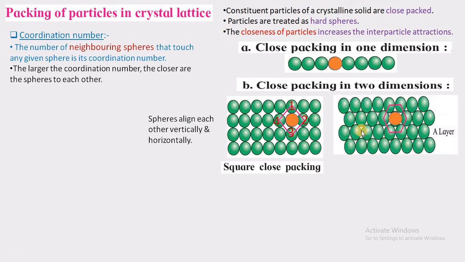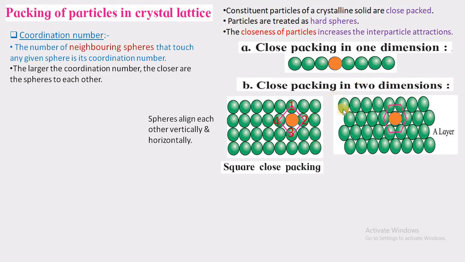In the other arrangement, if we observe these two arrangements, in the first, this layer is an A layer, again this is an A layer, again this is an A layer, that means it is an AAA type arrangement in two dimensions.